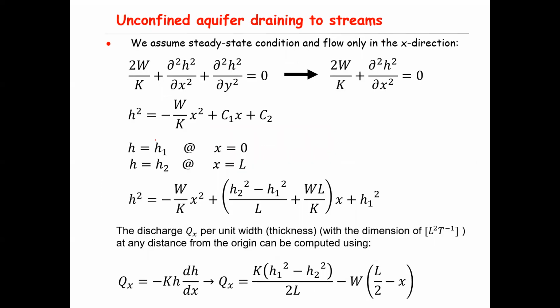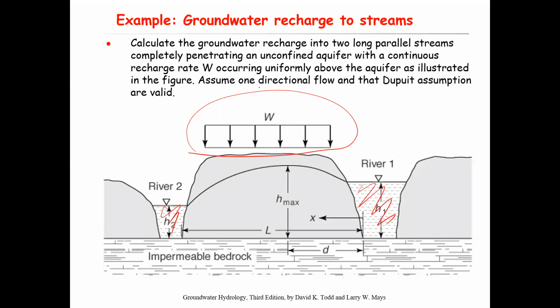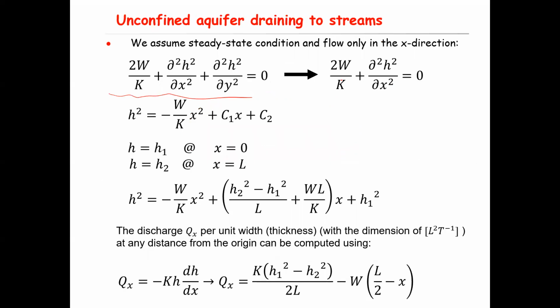To solve this example, you can just write down the equation that we mentioned in the previous slide. The question says assume one directional flow, so that means one term is out. You will have only 2W divided by K plus the second derivative of H with respect to X equal to 0.